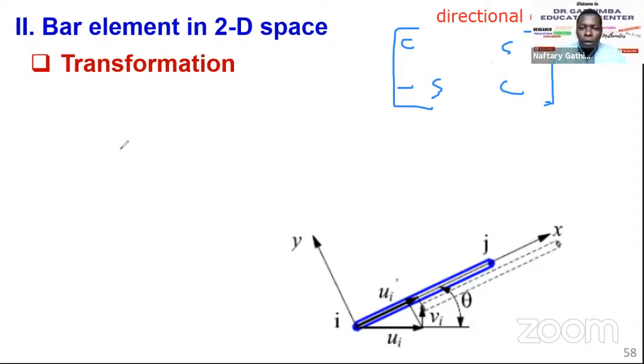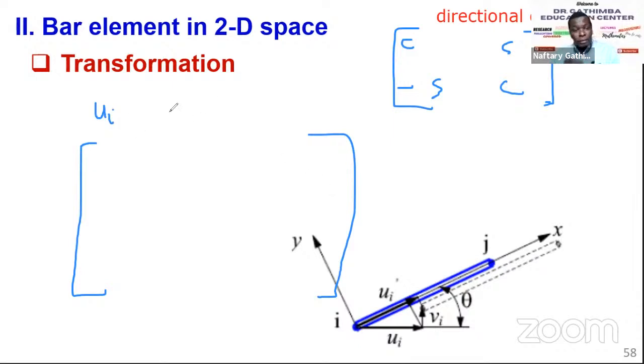To get the overall transformation matrix for one element, we do something like this. This is Ui, remember this was Ui, Vi, Uj, Vj.